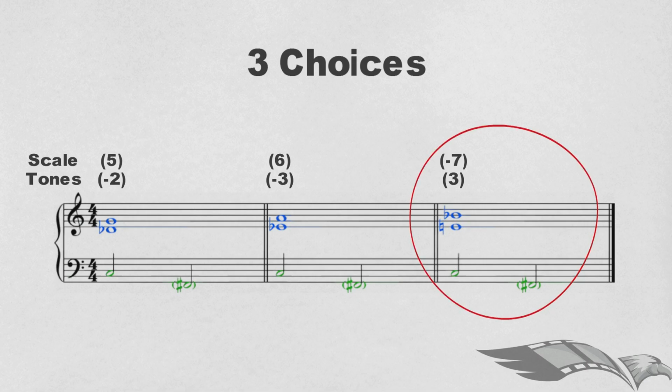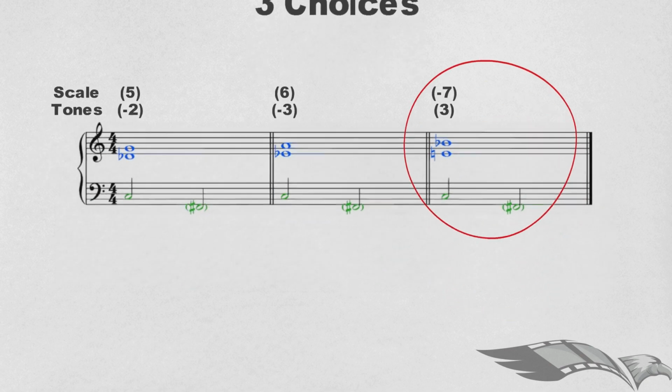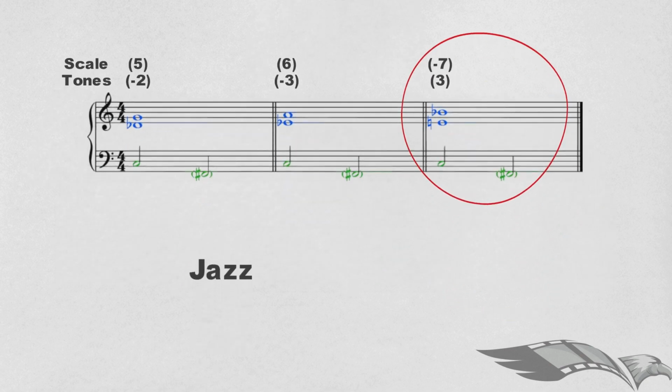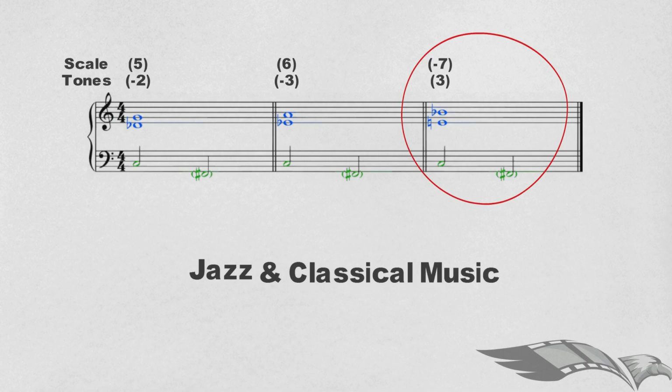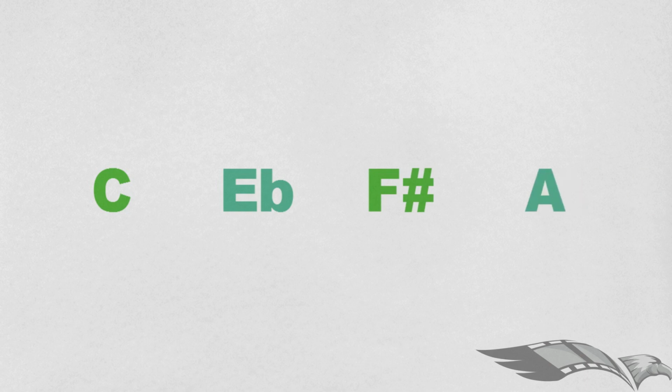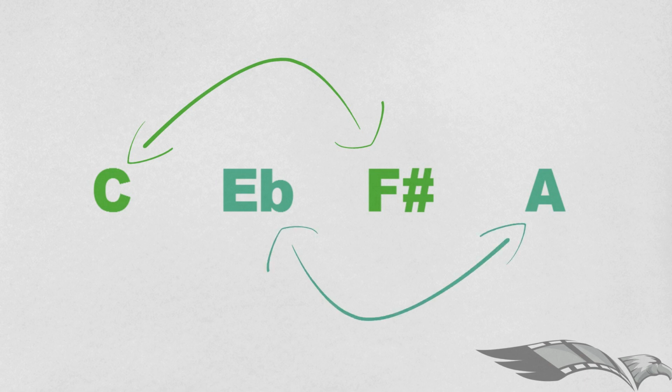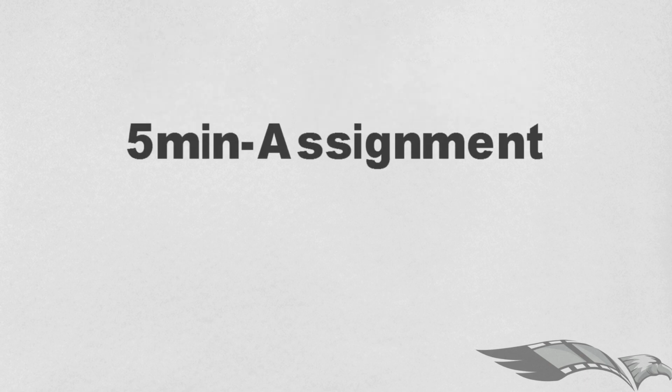And that is the reason why the octatonic scale is being used over dominant structures quite often, not only in jazz, but even in classical music. Don't forget that this whole thing not only works for C and F sharp, but also for E flat and A, because all of them are equal roots in the octatonic scale.